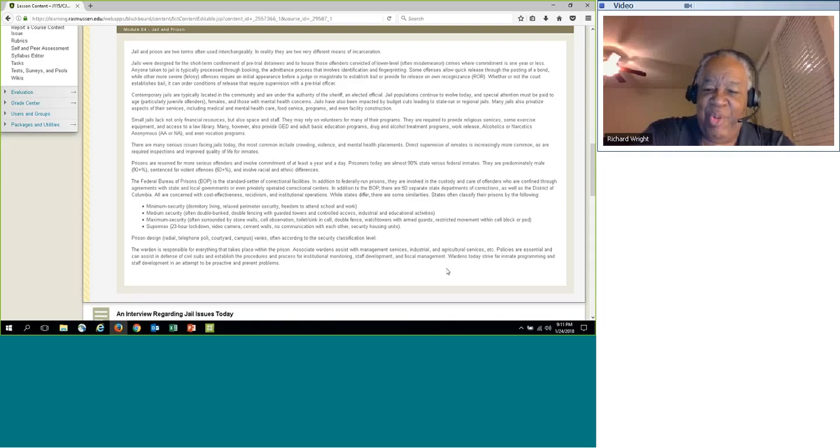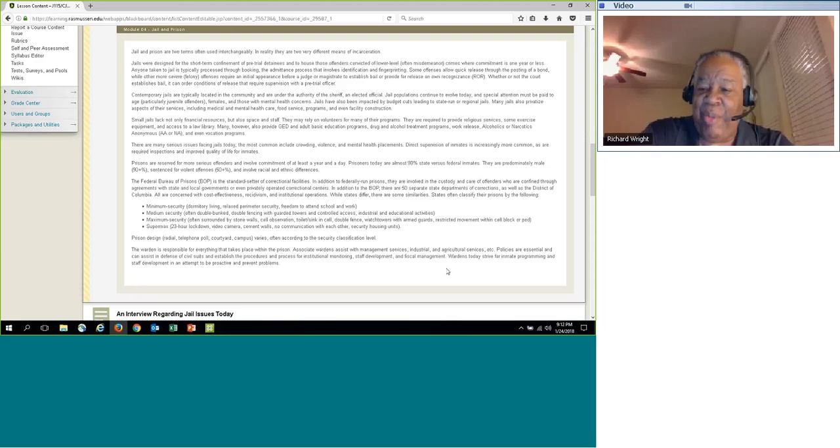In addition to the Bureau of Prisons, there are 50 separate state departments of corrections that exist. Illinois Department of Corrections is ours, and almost every state has something called the Department of Corrections. Florida, Missouri, Minnesota. Most of our students are located in Florida or Minnesota or Illinois, Wisconsin.